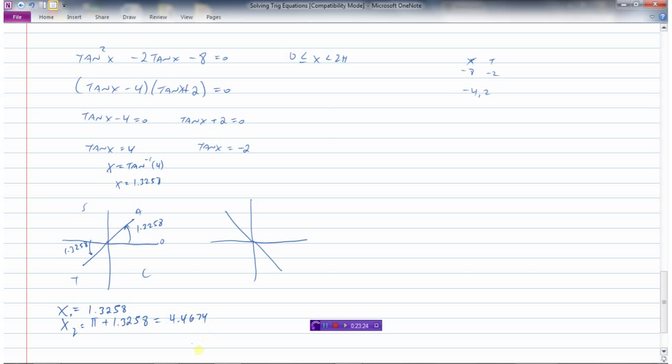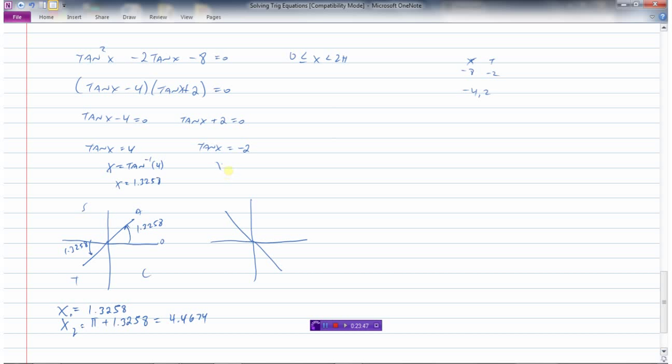Okay, and so there's two answers accurate in this case to 4 decimal places. Notice I didn't do any rounding of anything until the final answer. And then if it wants just 2 decimal places, I could write 1.33 and 4.47. Now let's look at this one.